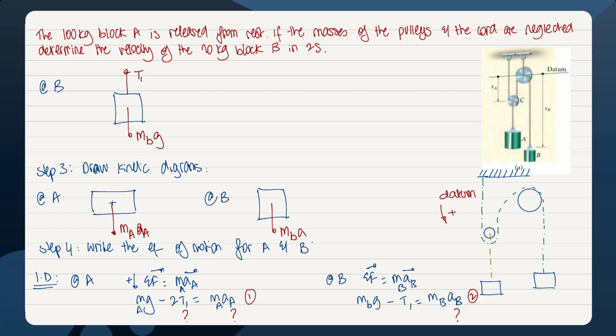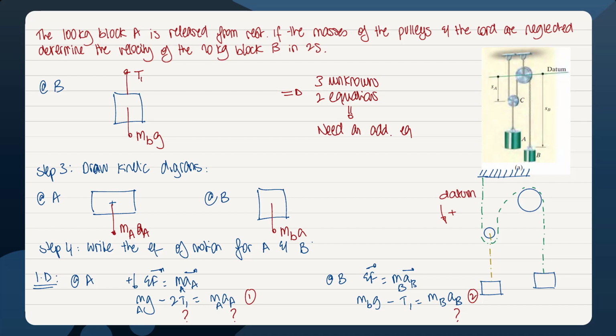So in total, we are dealing with three different unknowns, T1, aA, and aB. Now, unfortunately, the equations of motion only give us two equations since we're dealing with a 1D problem. So we need to add an additional equation in order to solve the problem and move on and then calculate the velocity. So how do we get this additional equation?